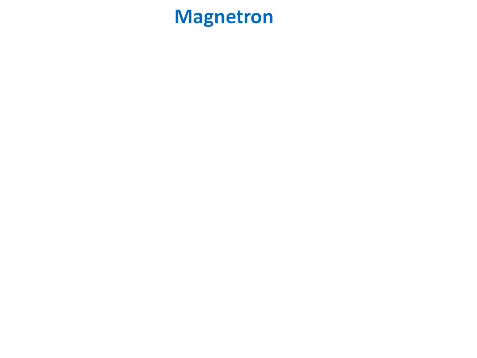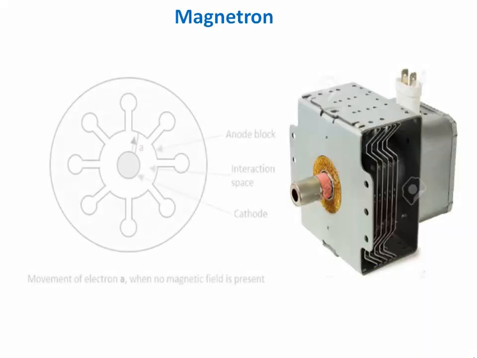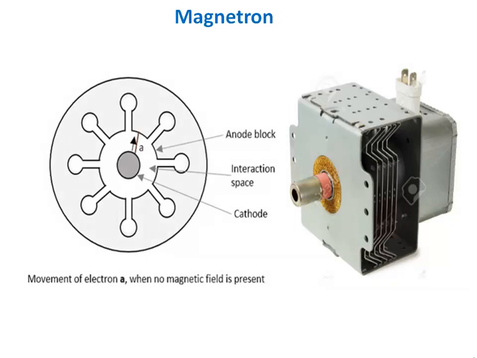First, let us discuss magnetron. Magnetron is a high-powered vacuum tube which generates microwave radiation. It is a diode type electron vacuum tube.